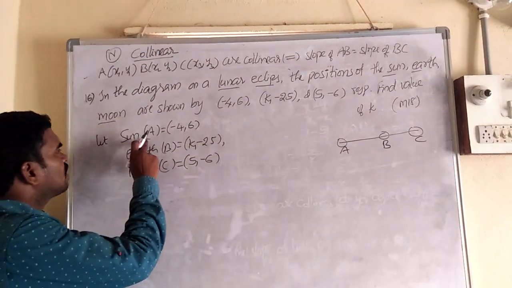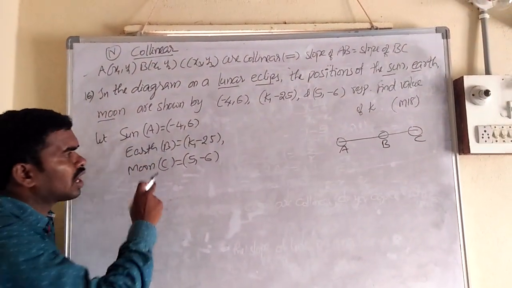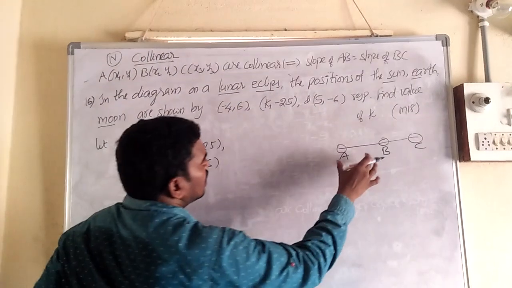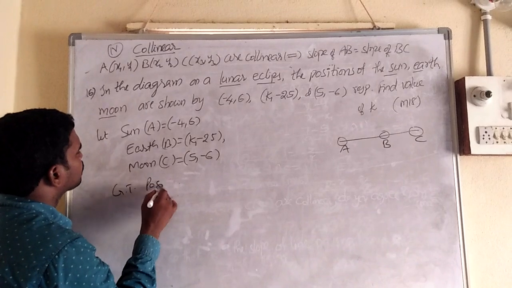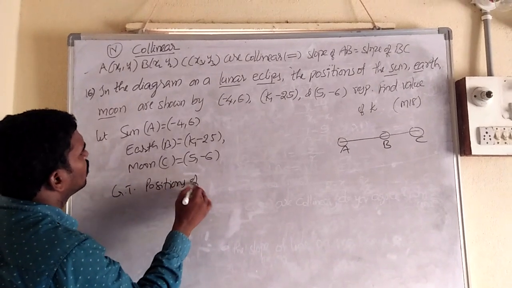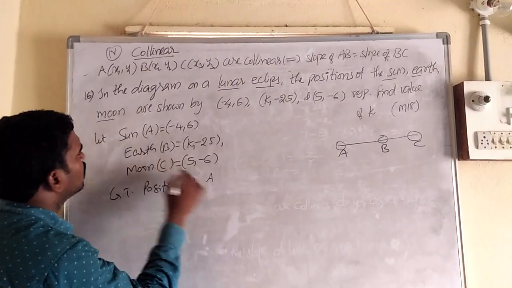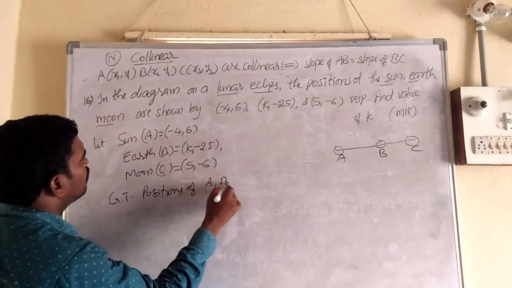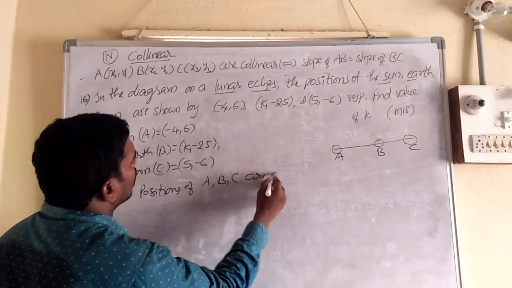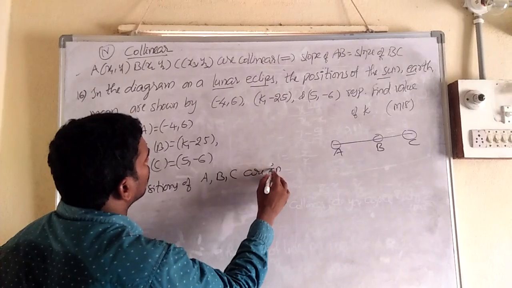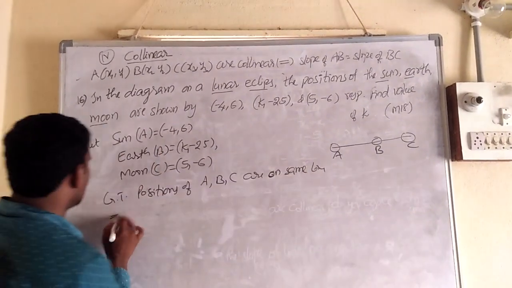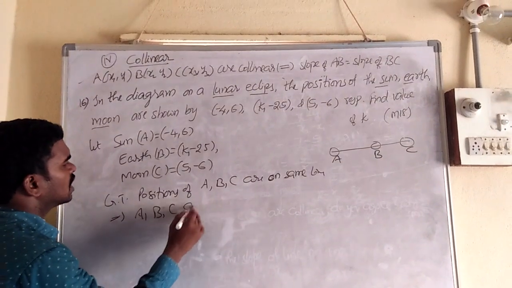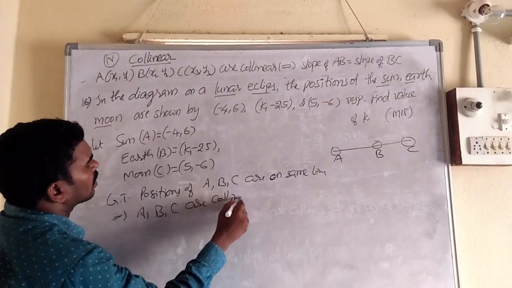Given that the positions of the sun, earth, moon, taken as A, B, C, are on the same line, that implies A, B, C are collinear.